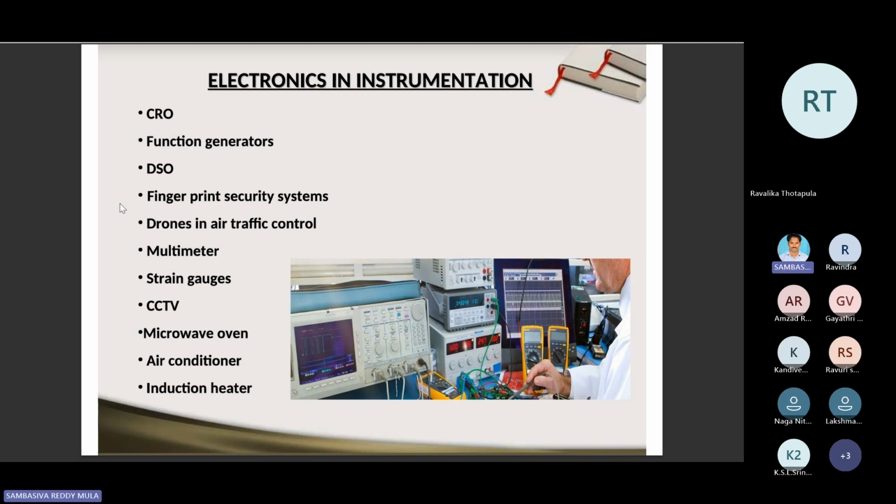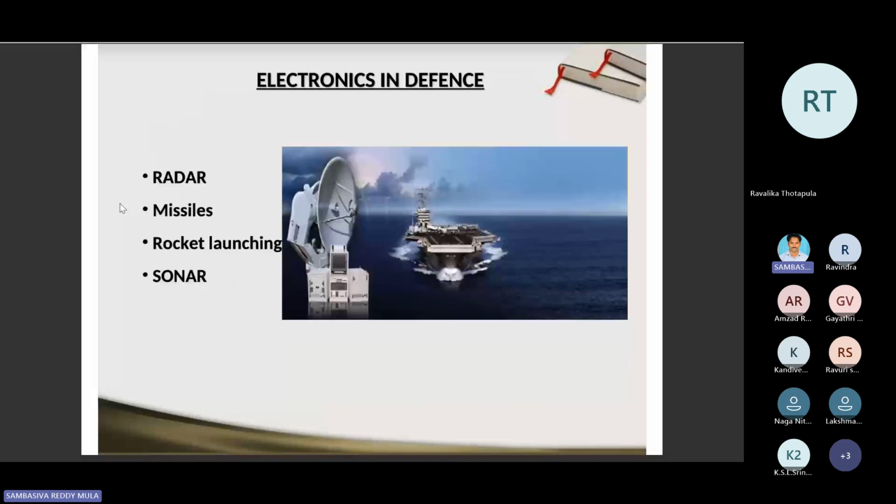Digital storage oscilloscopes, DSOs. Fingerprint security systems, drones, air traffic control, multimeters, strain gauges, CCTVs, microwaves, air conditioners, induction heaters. All these come under instrumentation.